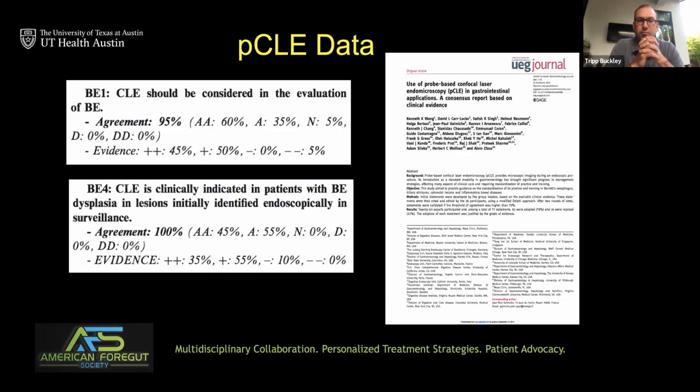So whether it's decreasing the number of biopsies, which are extremely expensive for long segment Barrett's, or utilizing it in the setting of ablative therapy, I think we can decrease the overall cost of an episode of care here, and we can increase our rate of dysplasia detection as well as Barrett's in general.